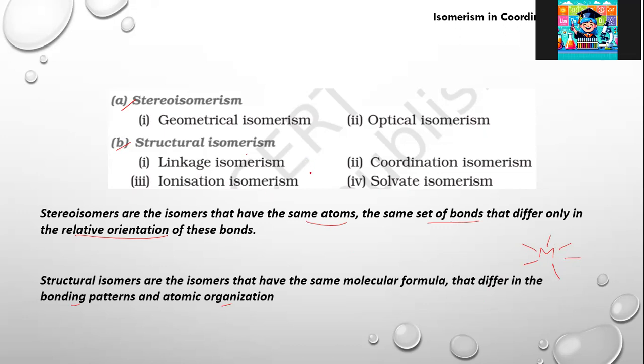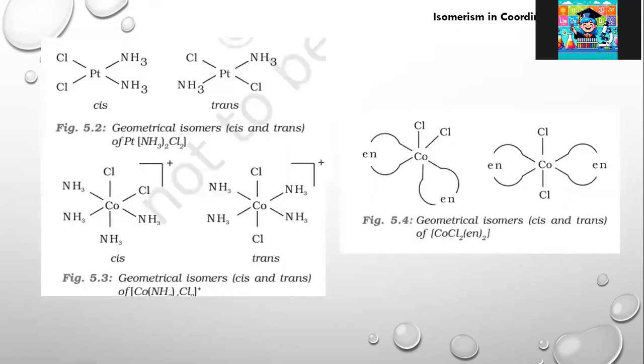And in stereoisomerism, two types of isomerism are possible: geometrical as well as optical. So in today's class, we will see what geometrical isomerism is and the different types of geometrical isomerism.